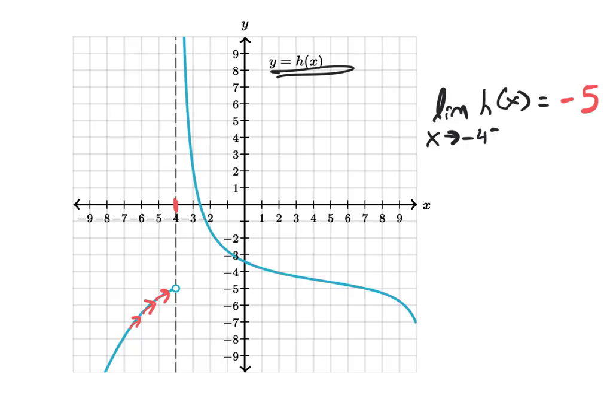All right, and then let's check from the right side for a sec. So limit as x approaches negative 4 from the right side of the function h of x equals. And so as we go on the right side of negative 4 and we head up the graph, because we're trying to get closer to x equals negative 4.